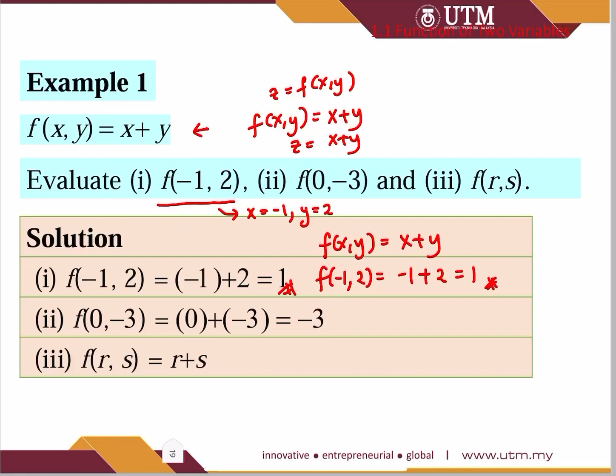The second one, f(0, -3), means the value of x is equal to 0 and the value of y is minus 3. We just substitute into x plus y. So x is 0, y is minus 3, so we'll obtain minus 3.